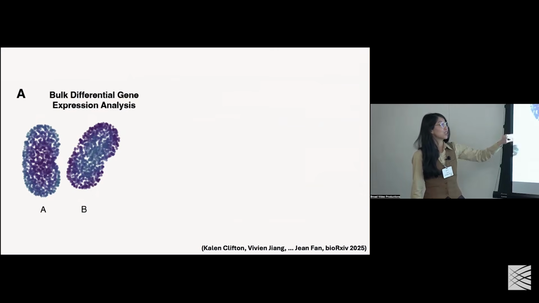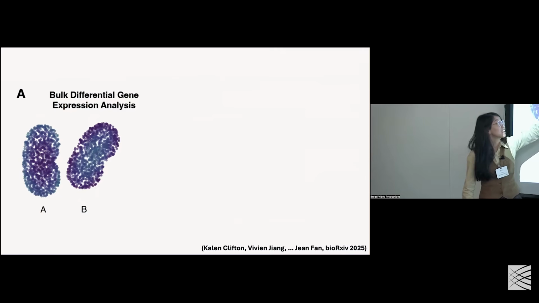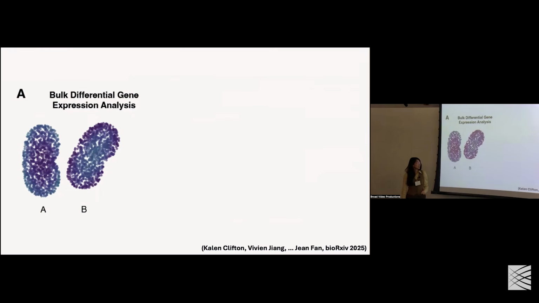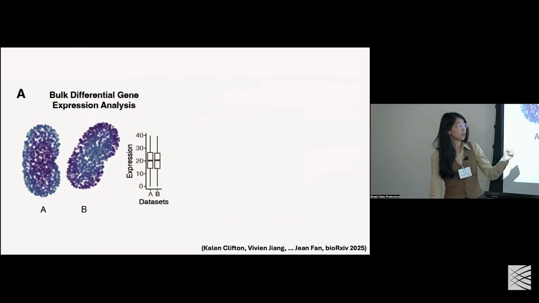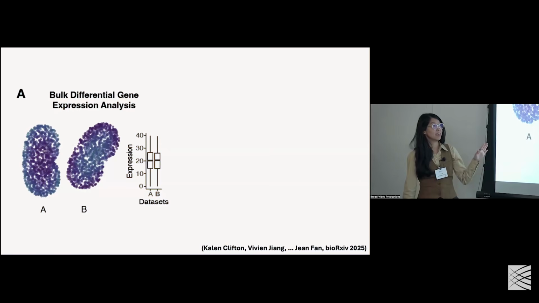In this case, each point is a cell, and we're highlighting one gene that has higher expression in the cortex in sample A, but higher expression in the medulla in sample B. So like Caleb noted in his intro, if we took the bulk measurements for this gene, aggregated them all, and looked at the distribution of this gene across the two samples, the average gene expression is quite comparable. So on a bulk level, this gene is very similar, but even visually, you can see that there is a spatial difference.